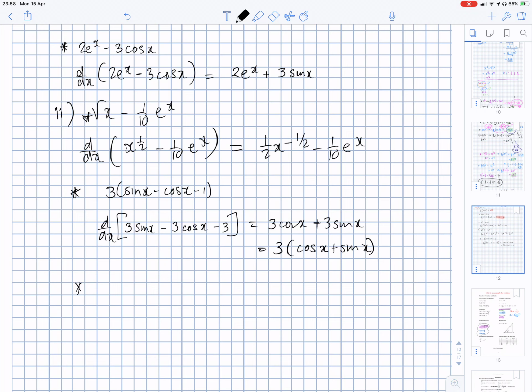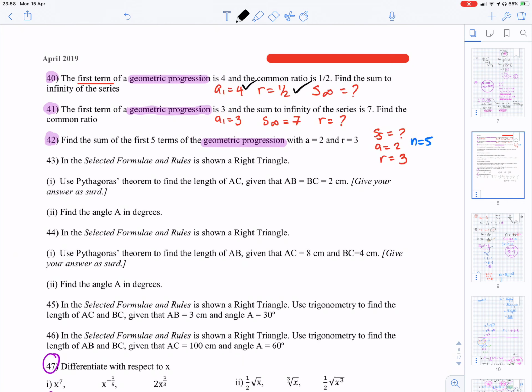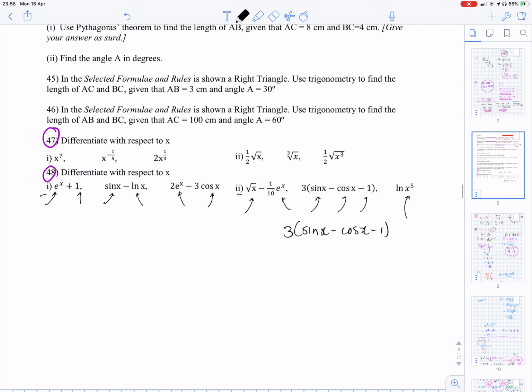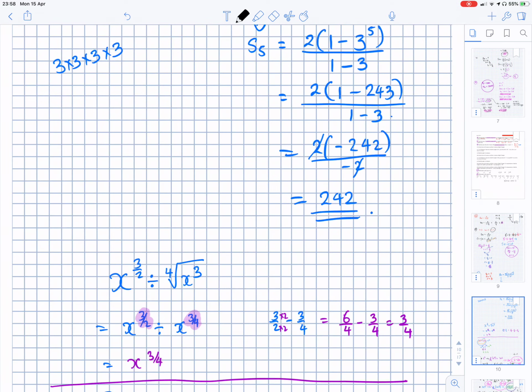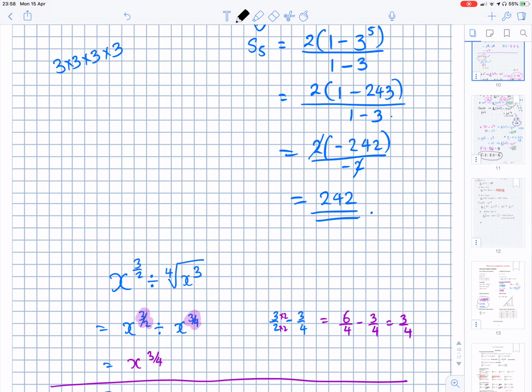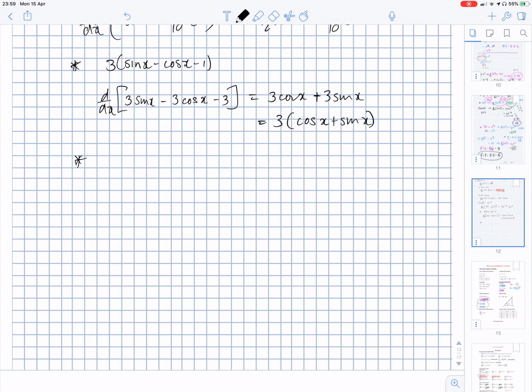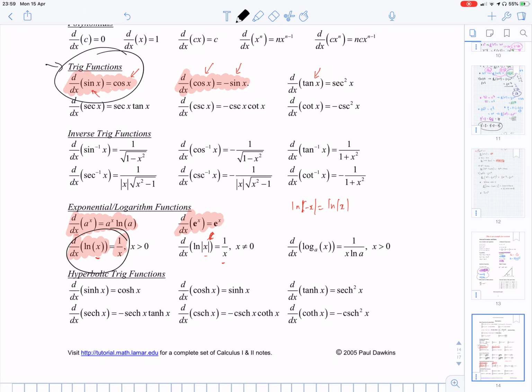Then we might as well do the last one. And the last one is ln x to the power 5. So remember that for ln x, the derivative is just 1 over x.